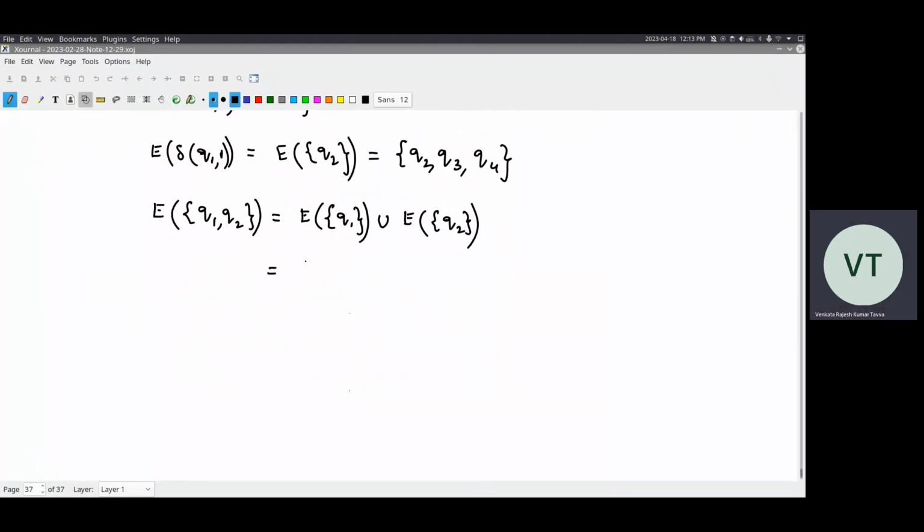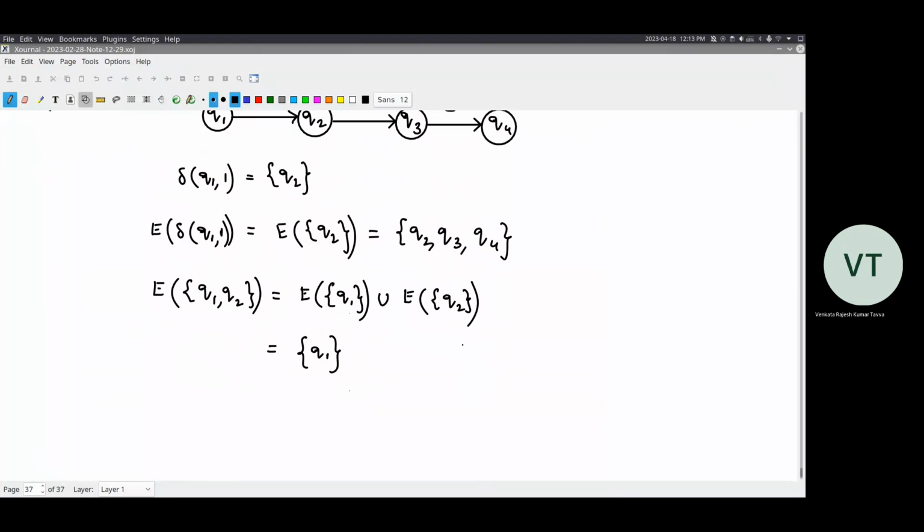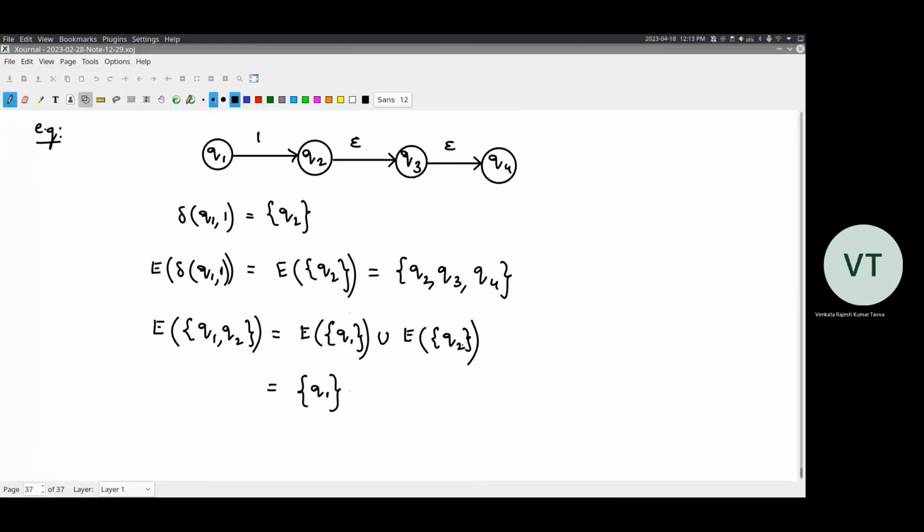So 0 epsilon arrows means what? Itself. Like even in the previous case, when I included Q2, Q3, Q4, you are fine with that. Why? Q2 can reach itself through 0 epsilon arrows.